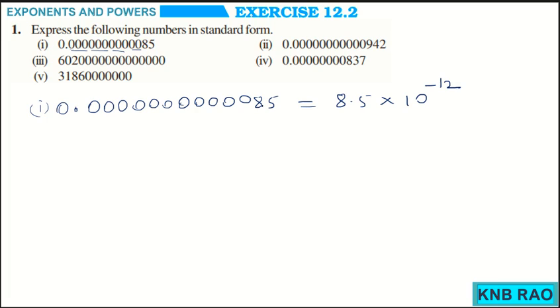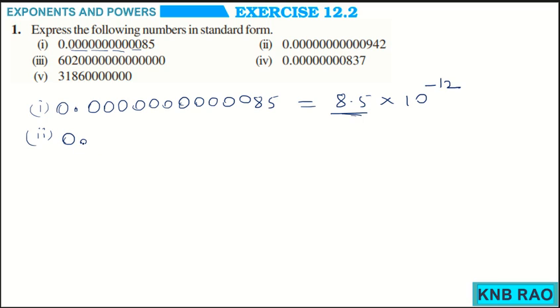If I shift one more time, then it becomes 8.5, where standard form says k should be a number more than or equal to 1, less than 10. So 8.5 into 10 to the power minus 12 is the standard form of this number, a very small number. Then coming to the second one, 0 point.